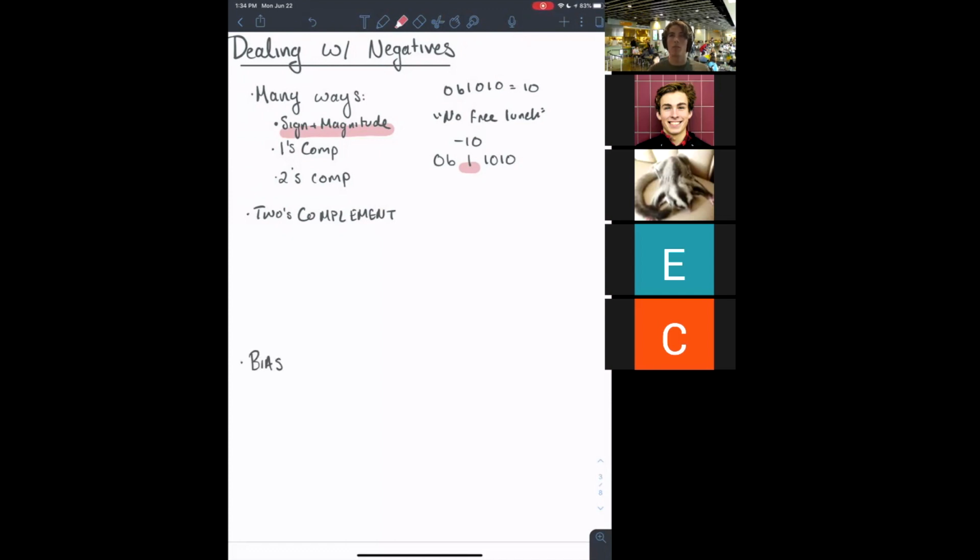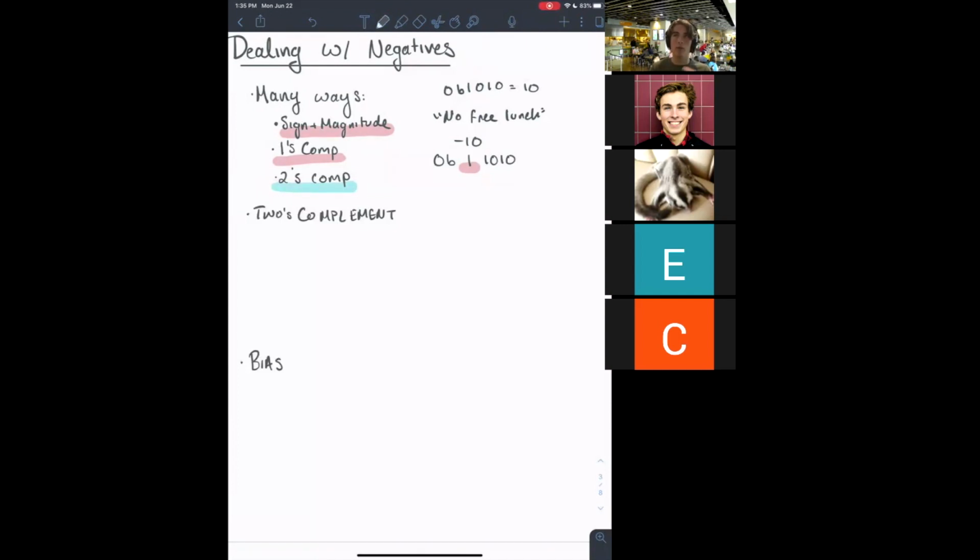I mentioned 1's complement because it's something else you might see thrown around, but we're not going to go over it because 1's complement was introduced, and then later on, the idea of 2's complement was introduced, which was a much improved version of the system and the one that you are going to deal with most commonly in this class. So it's here because you should know it exists, but in the interest of time, we're just going to focus on 2's complement, which allows us to represent negative numbers with only a single 0.